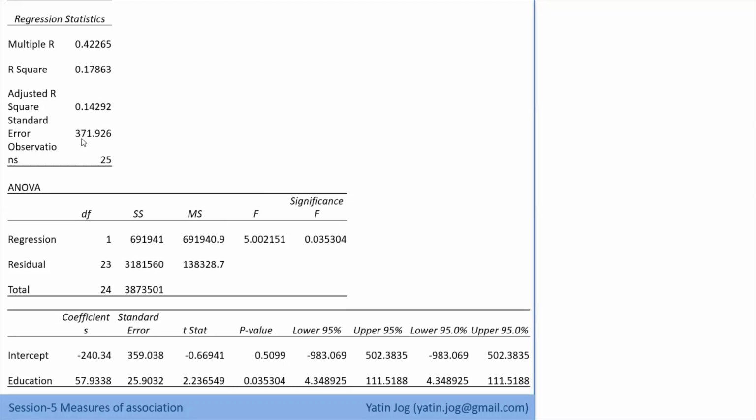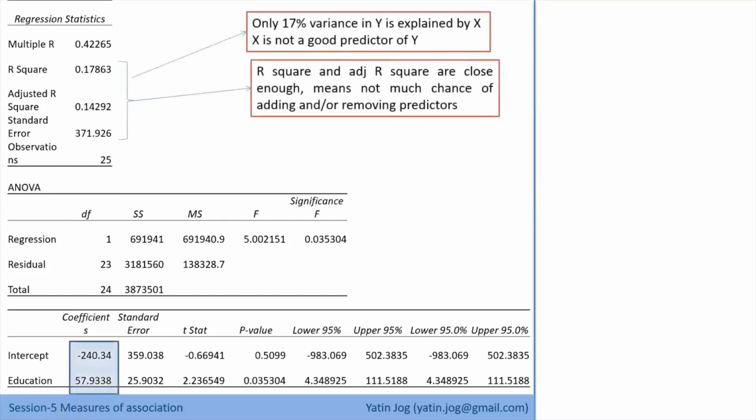First we'll discuss standard error, and then I'll tell you the meaning of adjusted R square. R square gives the confidence in your model. Only 17% of variance in Y is explained by X, so X is not a good predictor. This is what we discussed yesterday.